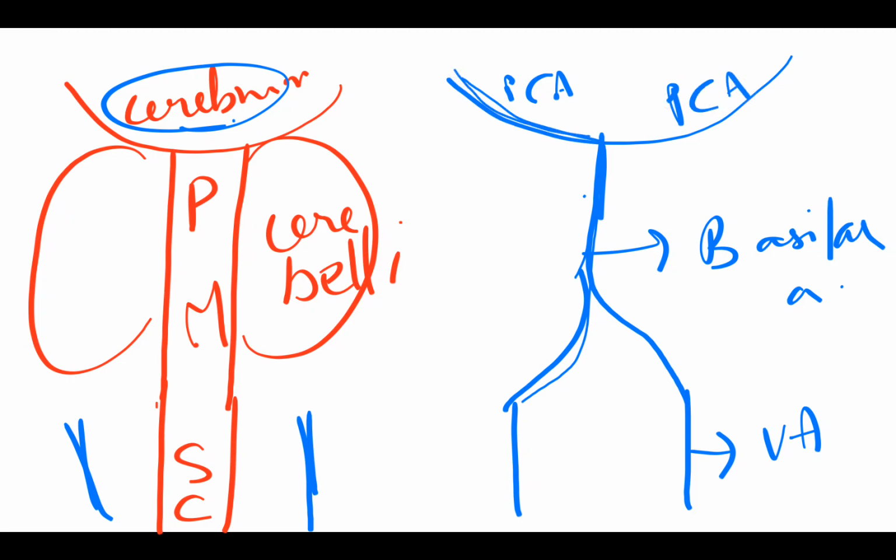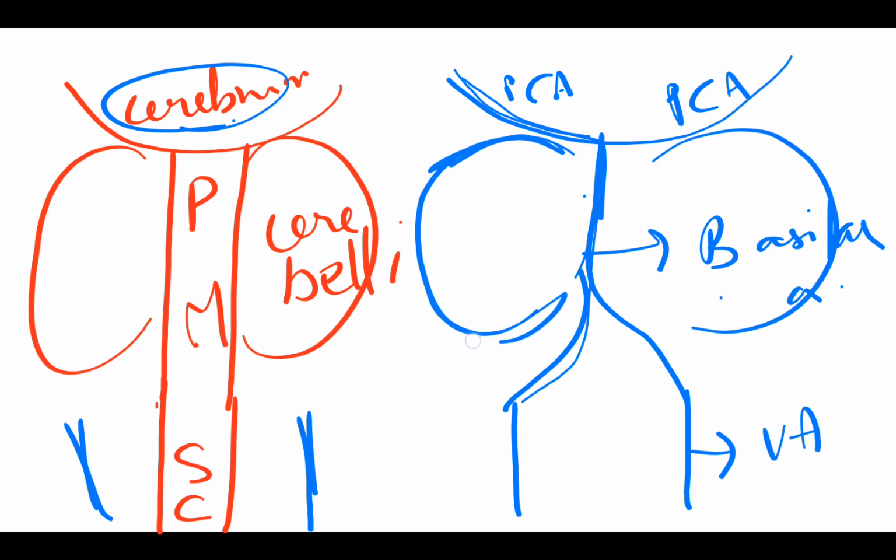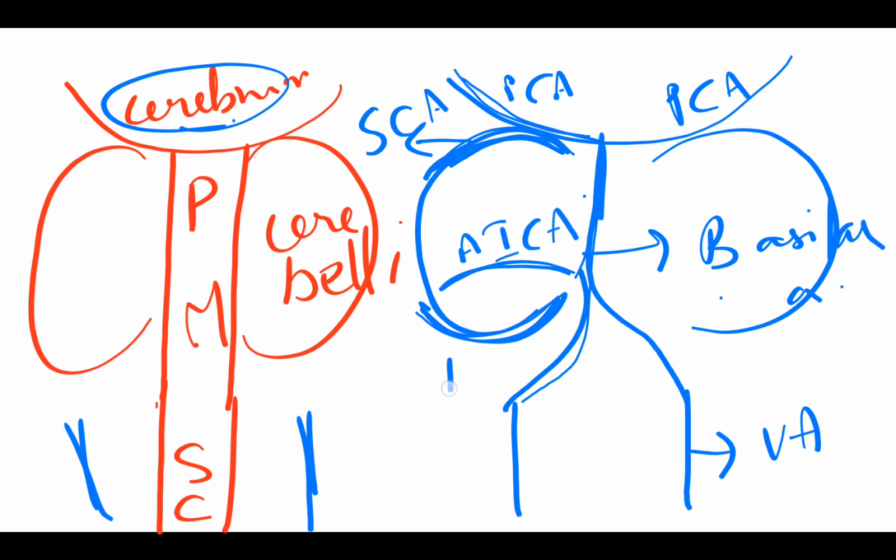Okay, and we have also seen that these two are the cerebelli, correct? So this is the anterior cerebellum, and this is the superior cerebellum, and this is the inferior cerebellum, right? So this will be superior cerebellar artery, and here we'll have two called anterior inferior cerebellar artery, AICA, and posterior inferior cerebellar artery called PICA.